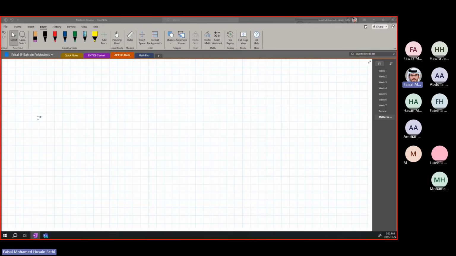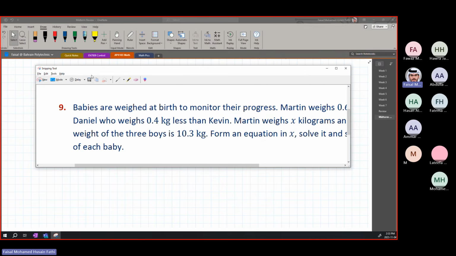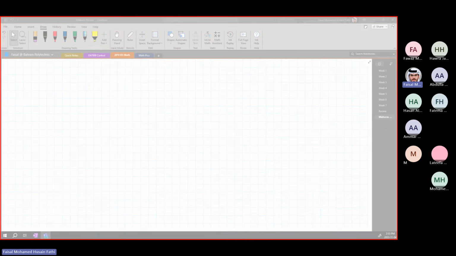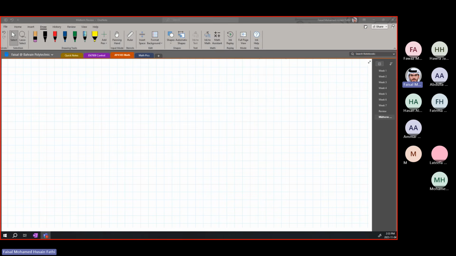I don't know which Windows you're using or if it's a Mac, but what I usually do is use the snipping tool: search for it, click new, and then select a specific area. Okay, there you go.